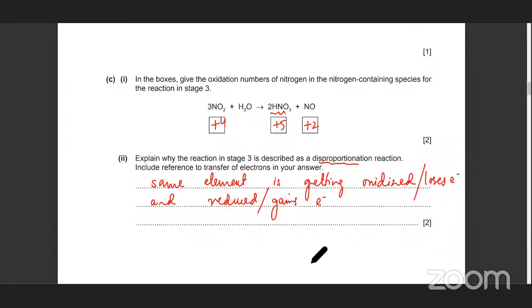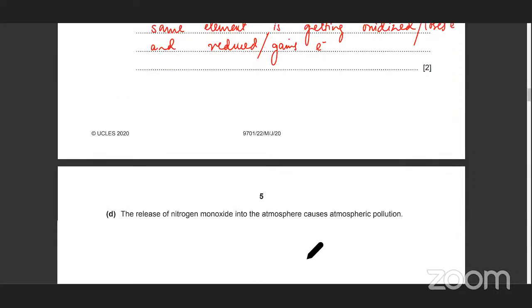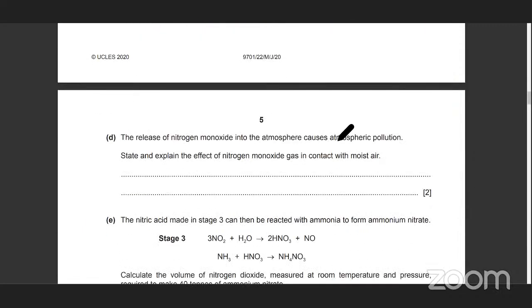That's pretty much it. I said the release of nitrogen monoxide in the atmosphere causes atmospheric pollution, and then they asked to explain the effect of nitrogen monoxide. कि क्या effect होगा nitrogen monoxide का? क्या चीज cause करती है? Or moist air.